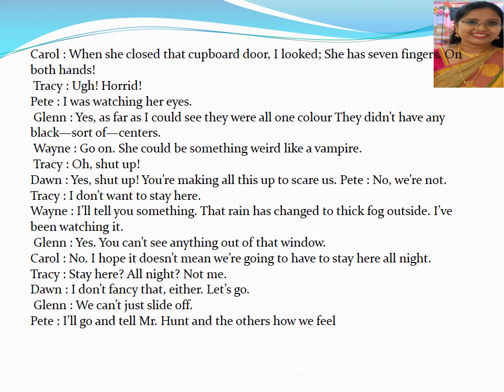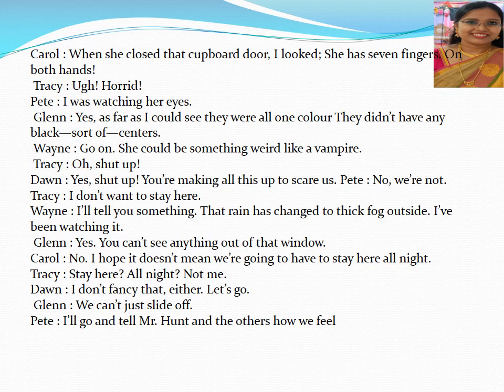The children are getting scared here, and they say, let's go, we don't want to stay here. Wayne says, you know what? The rain has changed into thick fog outside, and we cannot see anything through the window. That means we have to stay here the whole night.